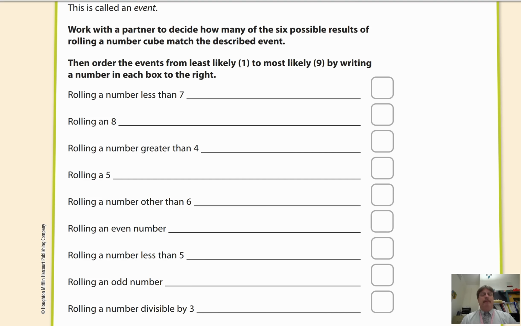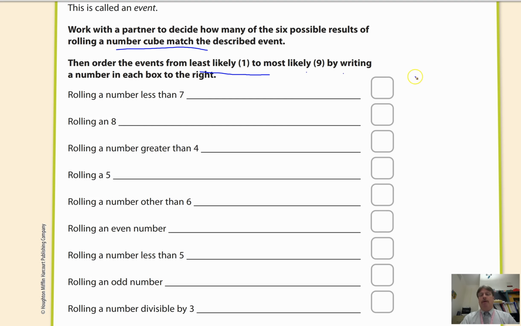So, some examples that they have here. If you were working with a partner and you had a number cube, what they want you to do is to roll that dice and see the likelihood of coming up with what they're asking. You're going to label them from least likely to most likely.